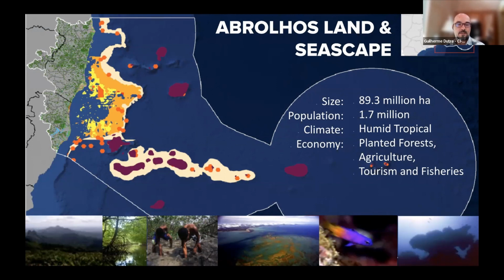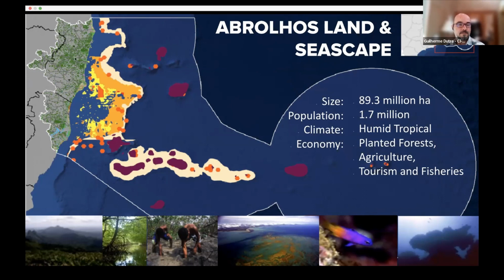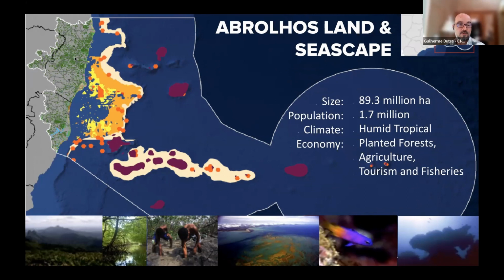We are talking about an area that starts on the land, and we have these coastal ecosystems mainly formed by Atlantic forests in the past, and now we have the remnants that are these areas in green.